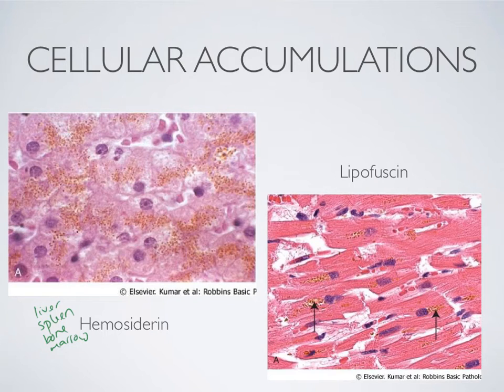So you have your reactive oxygen species in cells that aren't able to combat it very well. Those break down some of the intracellular organelles. And as those organelles break down, they clump together and clump onto the nucleus of the cell.